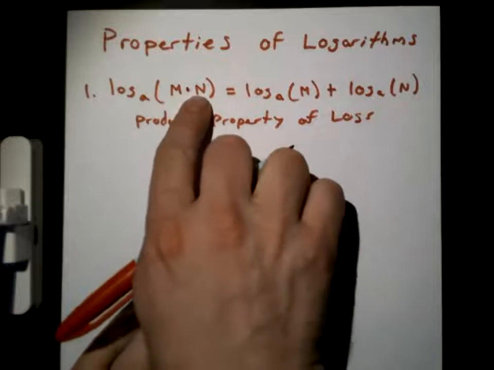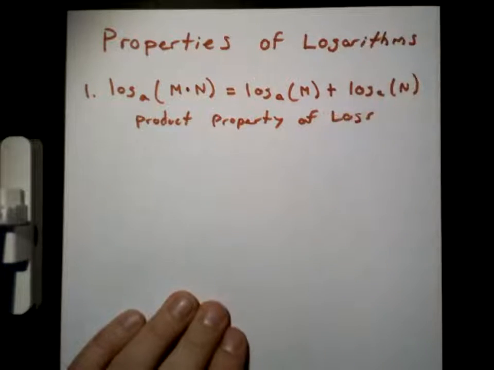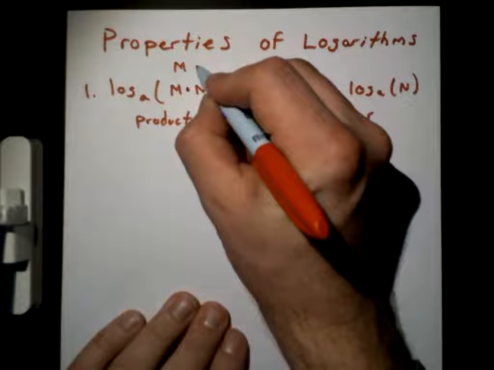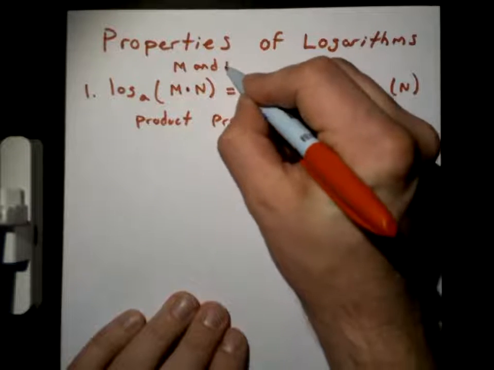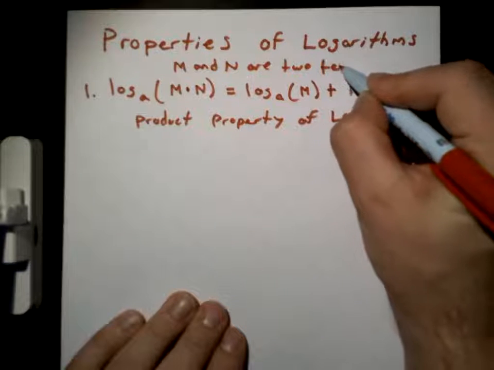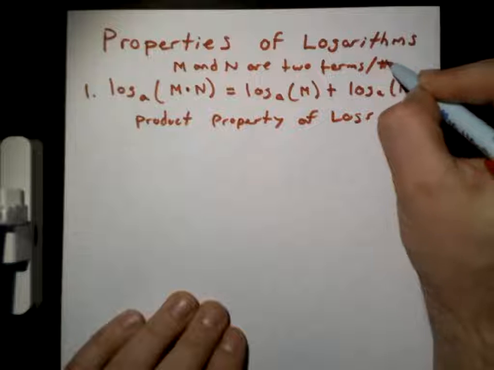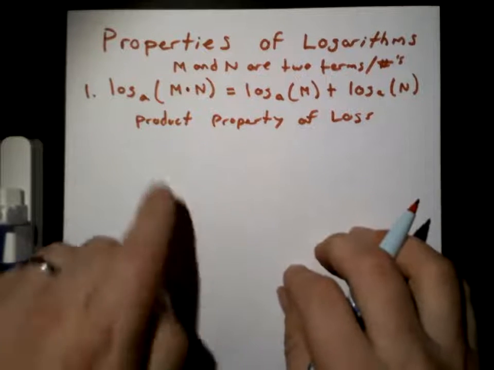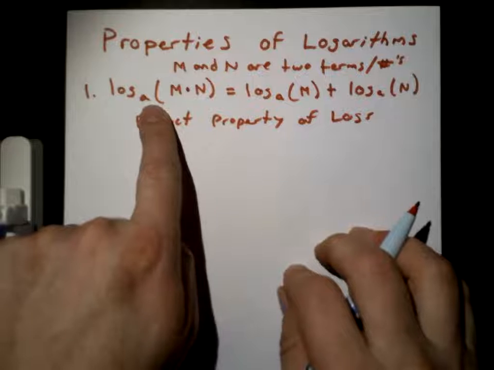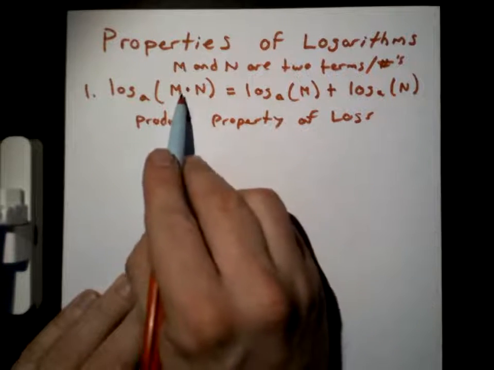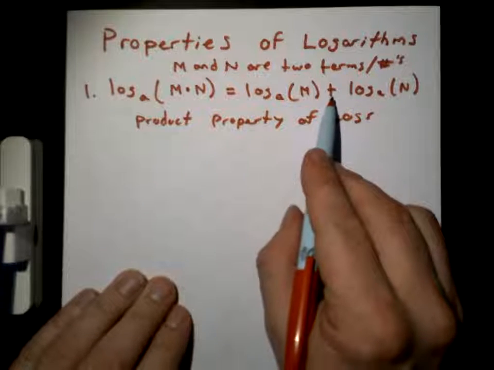Let's say that m and n are two expressions, two terms, numbers, etc. They can be anything, but they're being multiplied with a log base a. A can be anything. I'm hoping that you get to see that multiplication becomes addition.